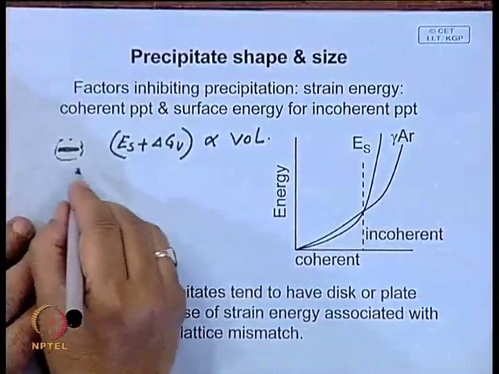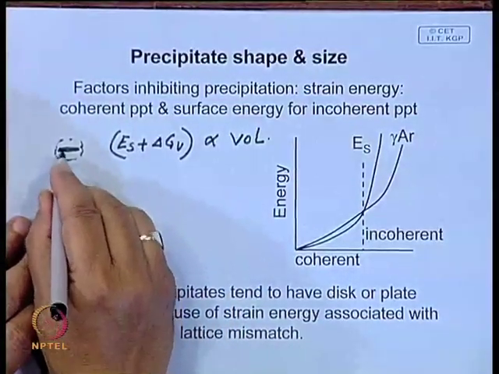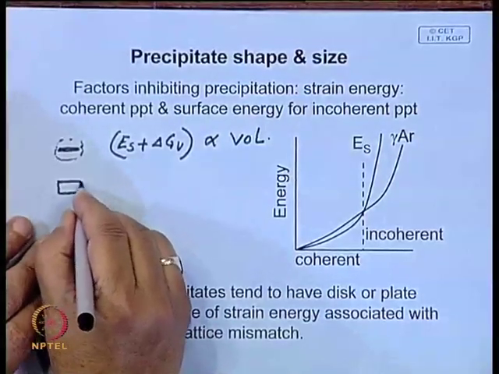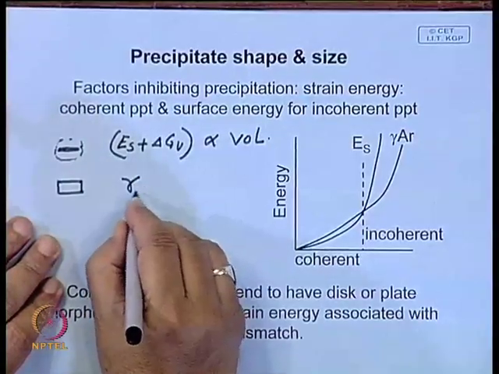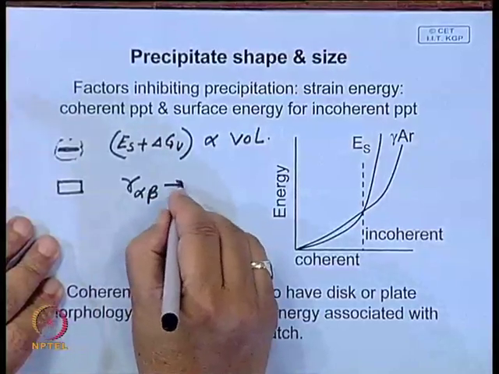And secondly, an opposing factor is that whenever an incoherent precipitate forms, this has a high gamma, this is high.